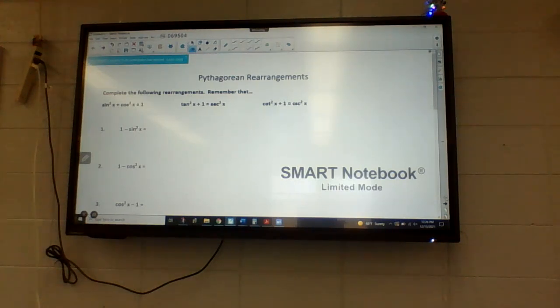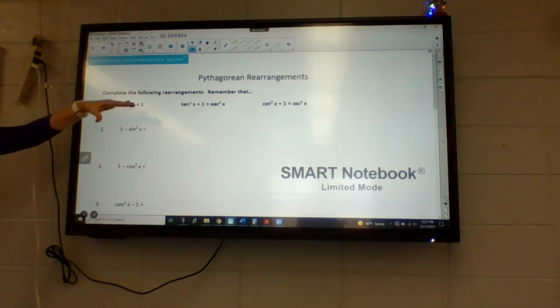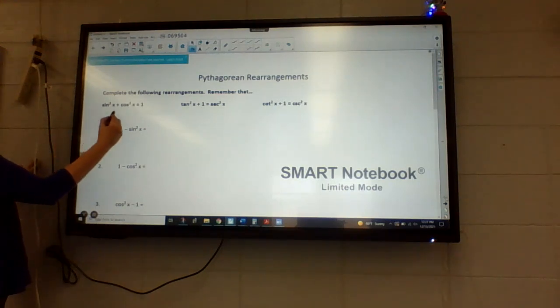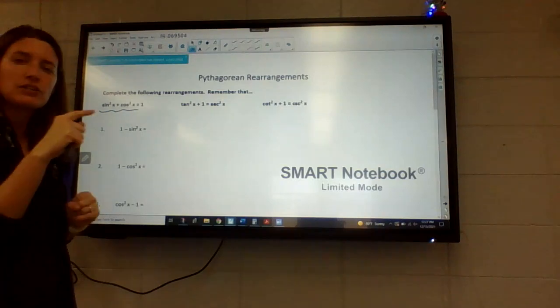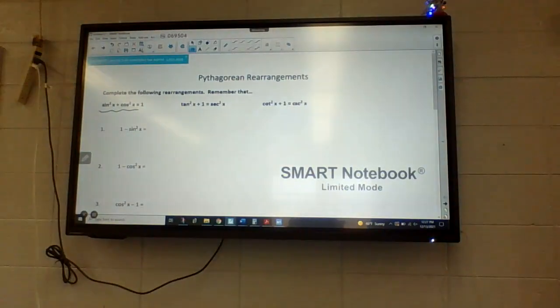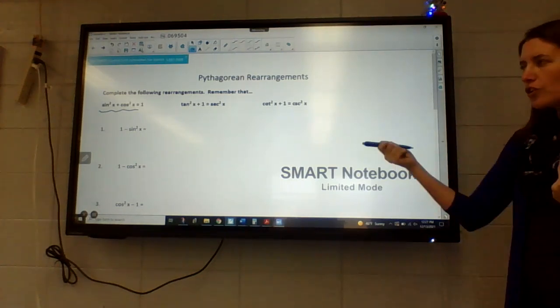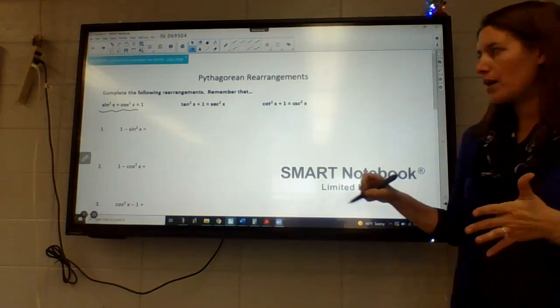So 1 minus sine squared of x, we're trying to figure out what that would equal based off of these rules up at the top. I might need to manipulate one of these to make it look like this so that I know what it equals. There's an equivalent statement here. It's not always obvious right away. I'll show you this one, which is pretty straightforward.